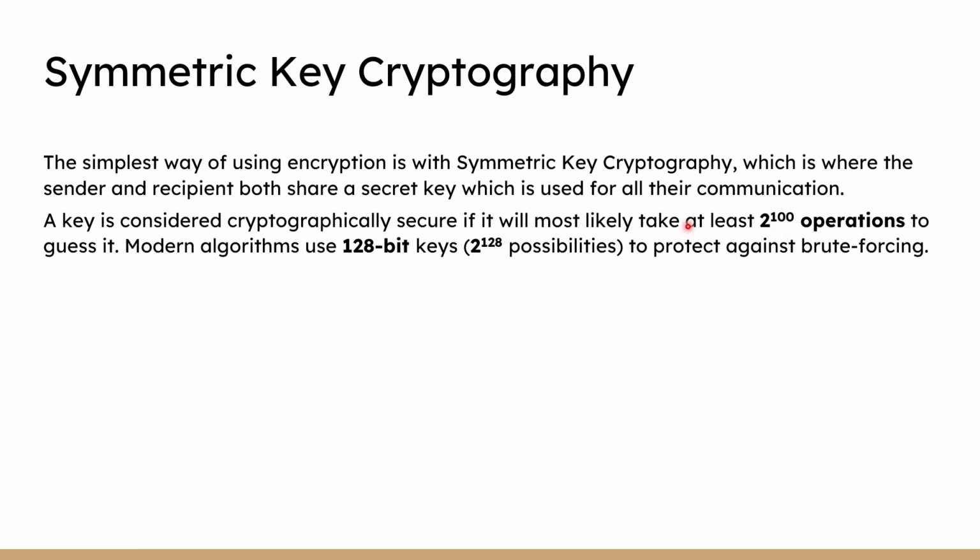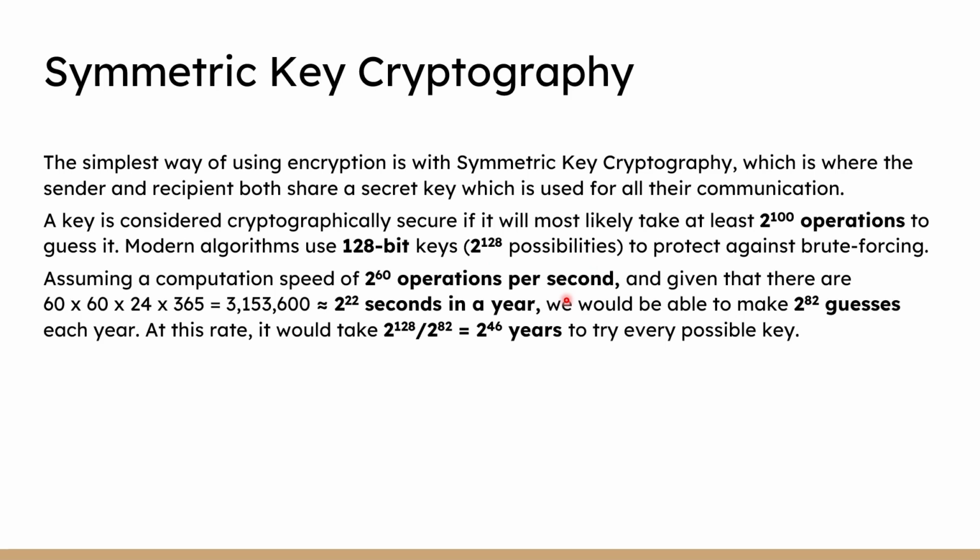Modern algorithms use 128-bit keys, so there are 2 to the 128 possible keys. That is a huge amount, because if you had a computation speed of 2 to the 60 operations per second, I believe that's in decimal. What is that?